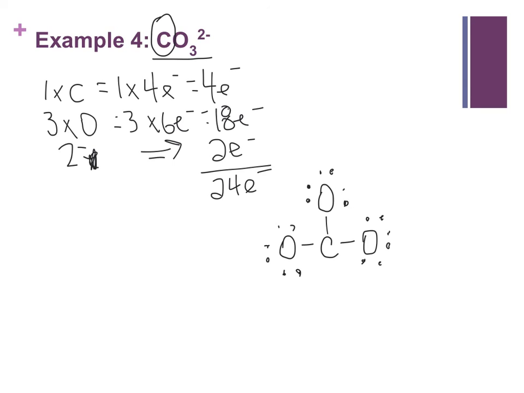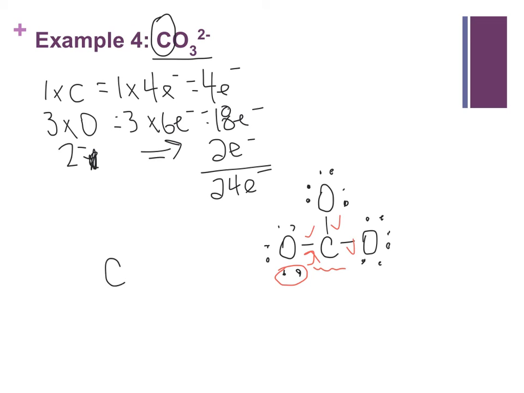We've run out of electrons, but if you take a look, our carbon's not happy because it's only got 2 here, 2 here, and 2 here, which makes 6. So in order to satisfy this structure, one of the lone pairs of electrons on one of the oxygens is going to be shared with the carbon and create a double bond.